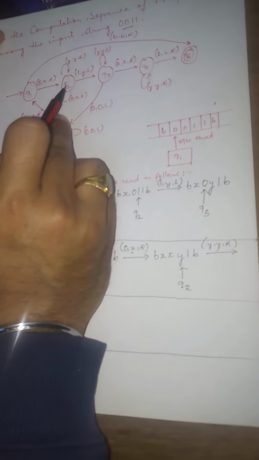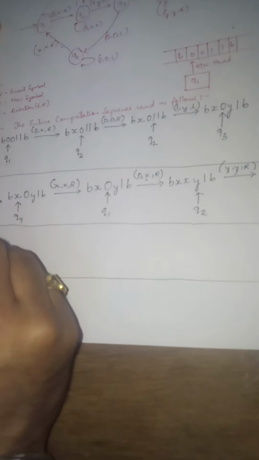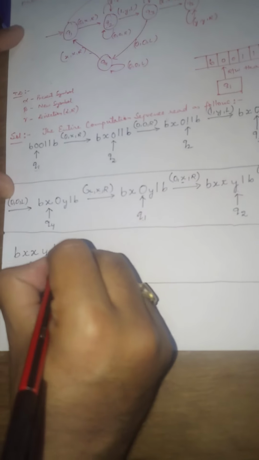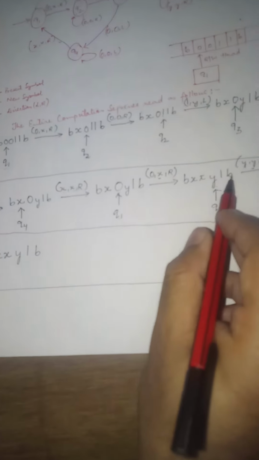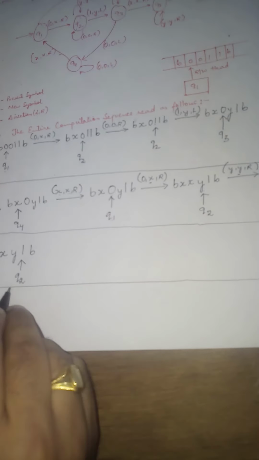Here q2 upon the processing of y goes to q2, a loop to itself. So what you get is b, x, x, y, 1, b, right? The direction of motion is right, so your cursor, the read write head, will move towards this point. The state will remain the same, that is q2.